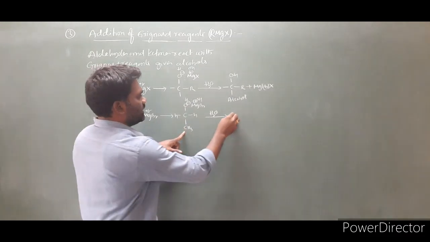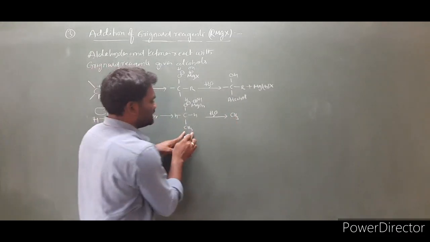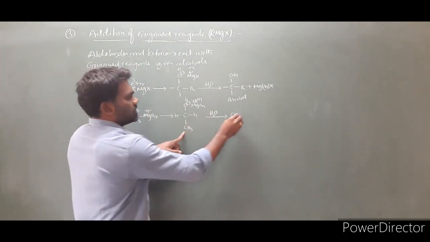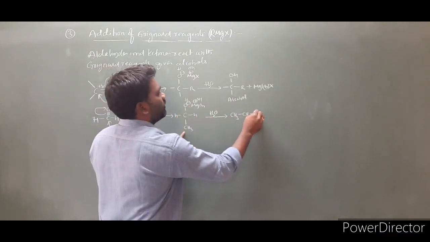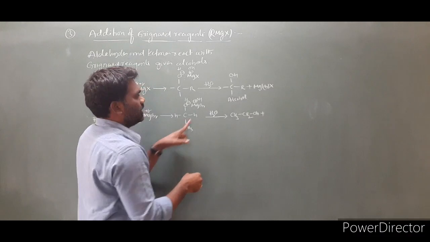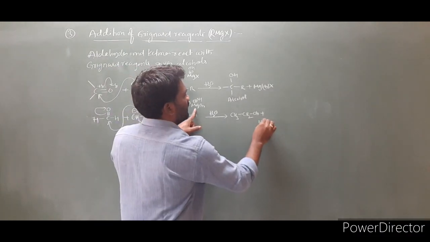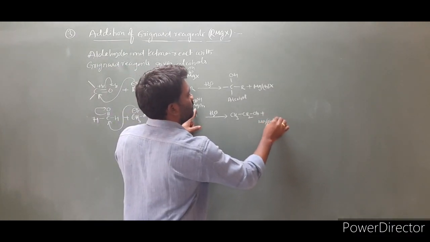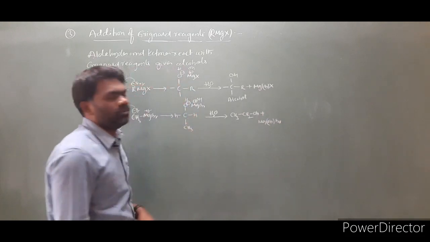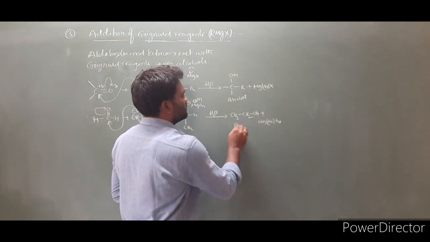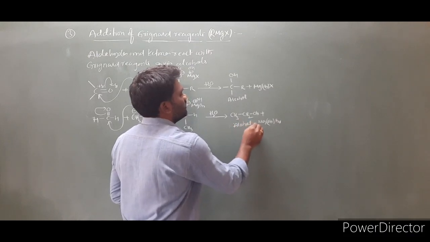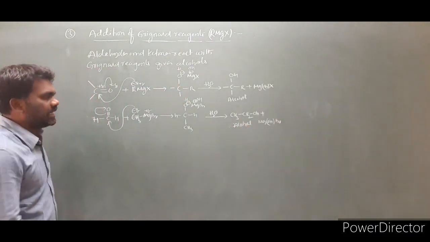So I am writing CH3 CH2 OH, plus what remains, MgOHBr. MgOHBr is the byproduct. Look at this: alcohol is formed. The product is alcohol.